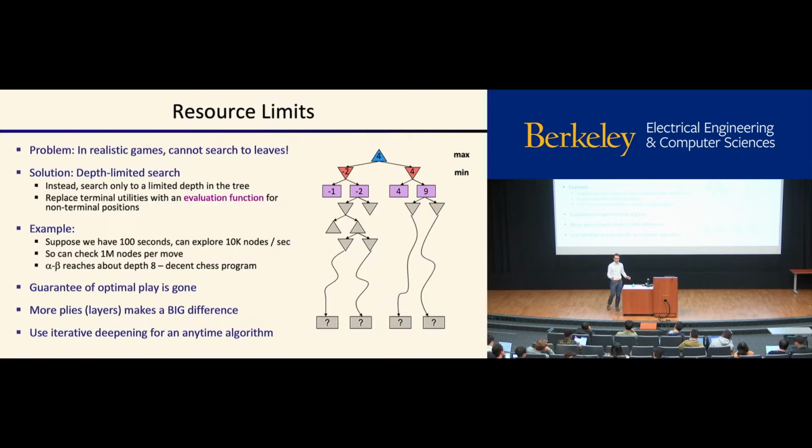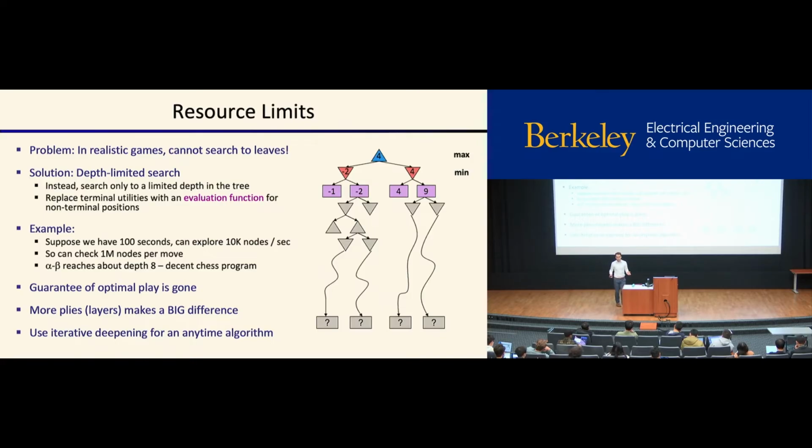So you can use the same concept here. We talked about iterative deepening A star in the A star lecture. You can use the same idea and increase the depth over time. So first, maybe you start out with a depth 1 search. You have your evaluation function. It looks at the states, inspects them, and says, okay, here's the value of that depth 1 search.